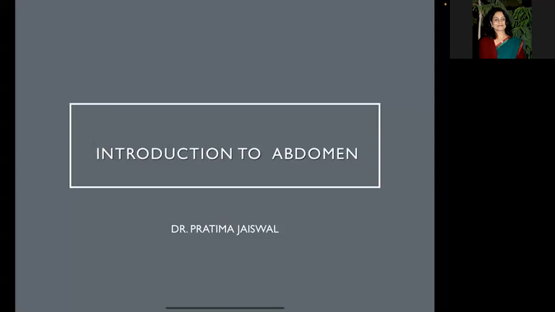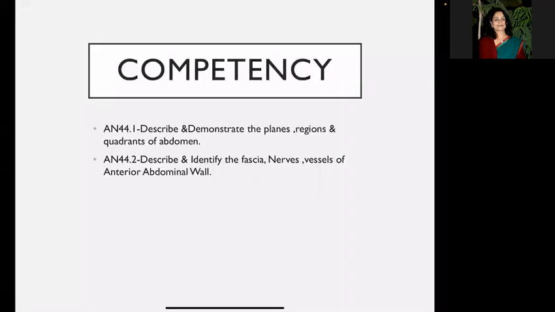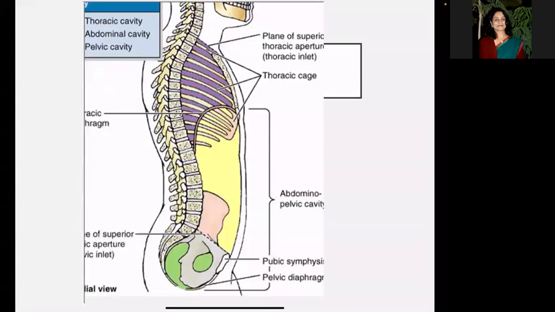In the abdomen, you will also read about the lumbar vertebrae, the sacrum, and the pelvis. During this lecture, we will cover competencies AN 44.1, describe and demonstrate the plane, region, and quadrants of the abdomen, and AN 44.2, describe and identify fascia, nerves, and vessels of the anterior abdominal wall.